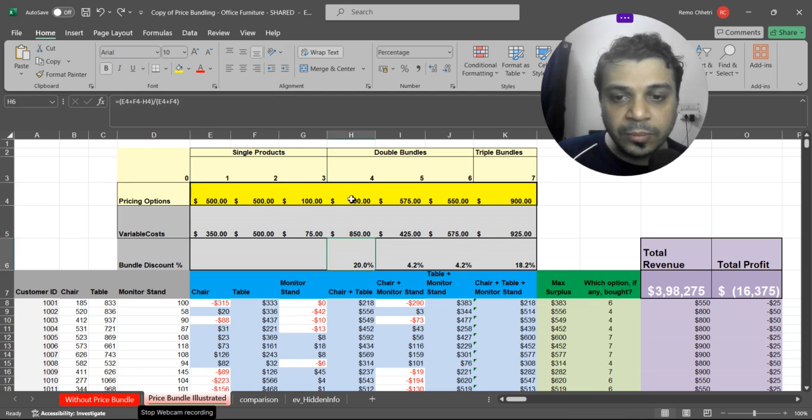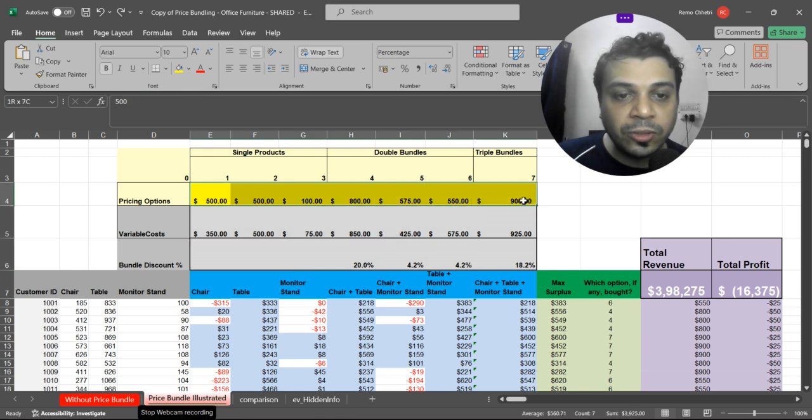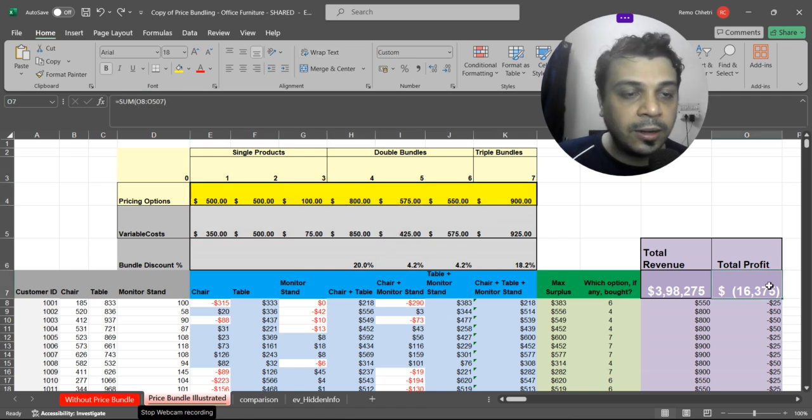So that's 20%. So 20% discount of the double bundle over the actual single products. You can see here 800 and 1000, so it's a 20% discount. That's how these discounts have been calculated over the respective single products, and so this particular pricing strategy clearly has not yielded a profit.